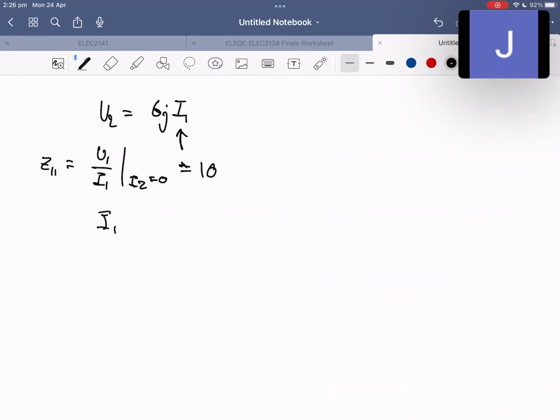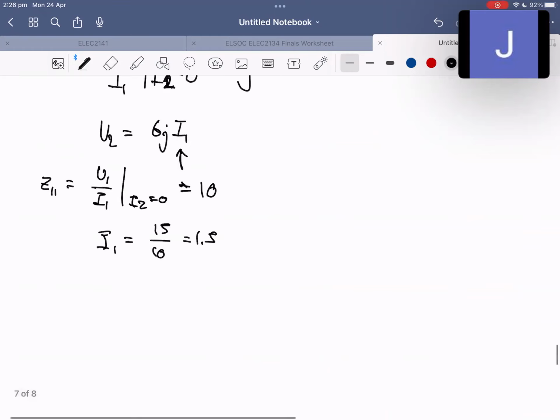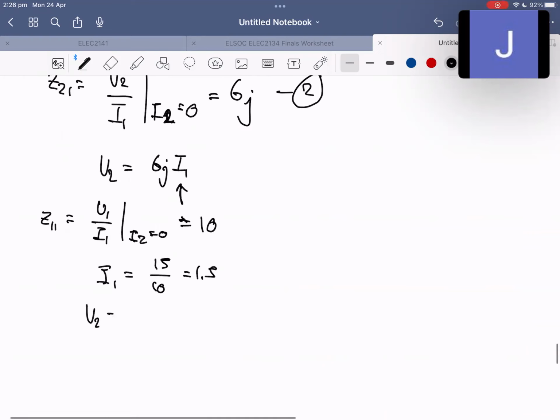That gives I1 equals 15 over 10, which is 1.5. Then V2 is 6J times 1.5, which is 9J.